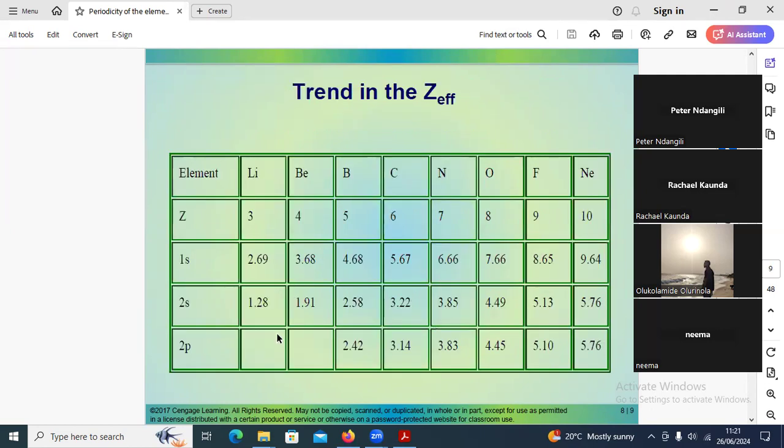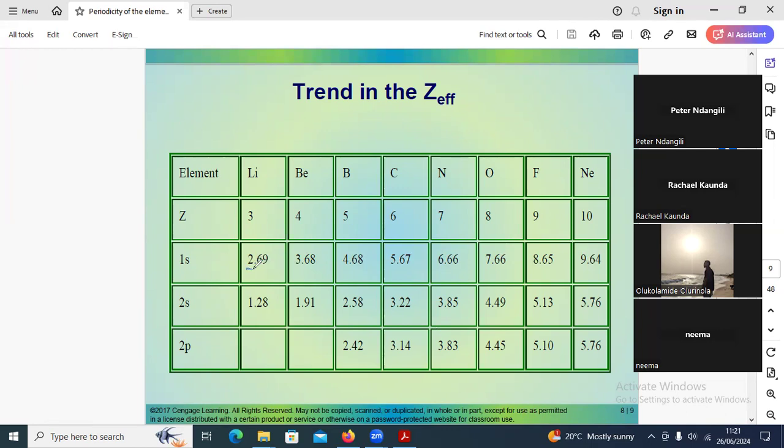And what you can see in this particular table is across the period. For example, you can see from lithium to beryllium to boron to carbon, these are elements in the same period. As you move across the period, you realize that the effective nuclear charge is increasing, as illustrated by the numbers that you can see here.